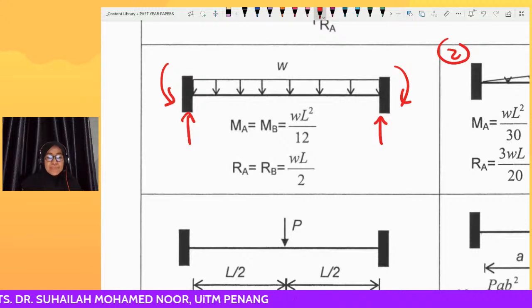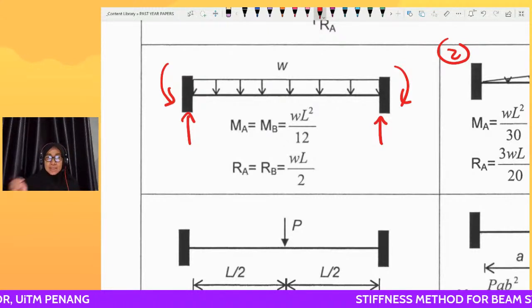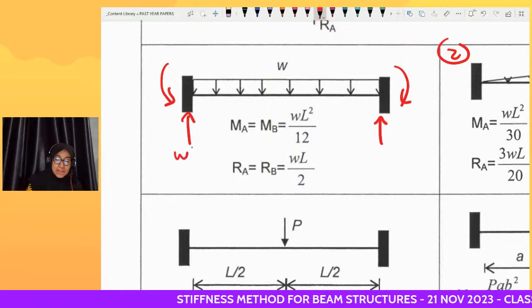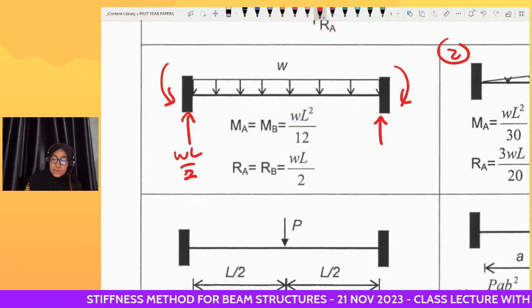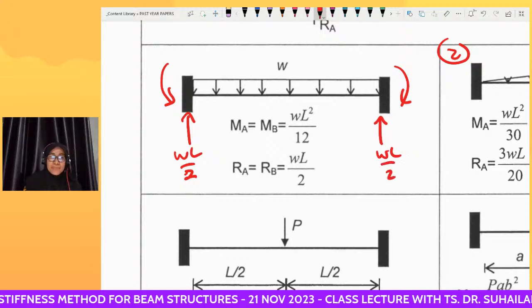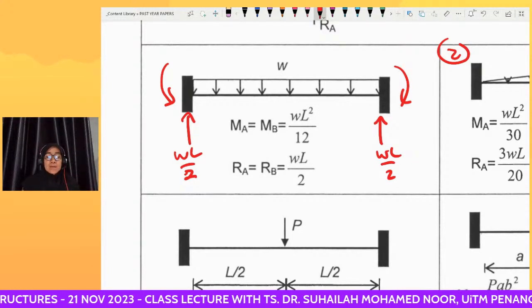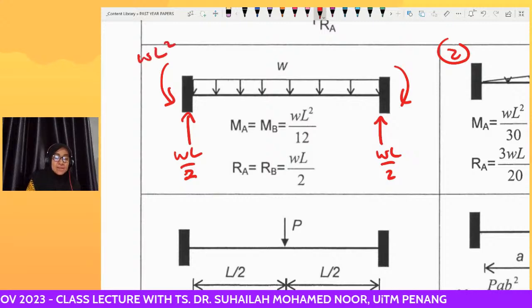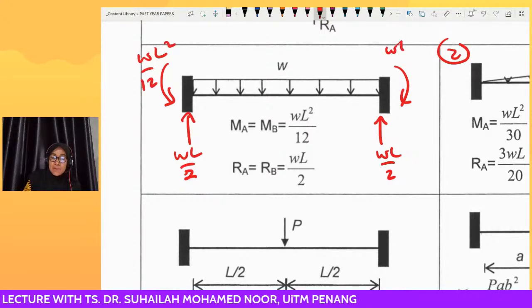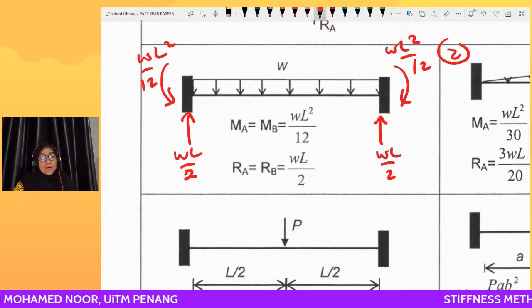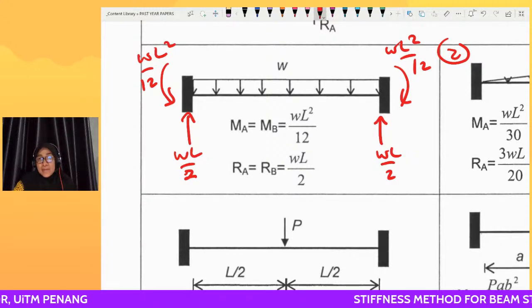For the vertical reaction, it is W times L, because the length is L, and we divide by 2, so we get WL over 2 and WL over 2. And for moment, the formula is WL squared over 12, and WL squared over 12. So we distribute it equivalently.